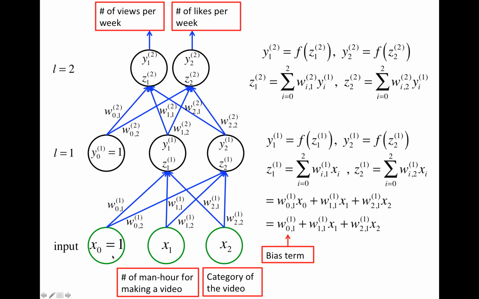If you want to simplify it a little bit, you can get rid of this x0, because x0 is set as 1, and then z11 is just a summation of these three terms, the three connections that go into this particular neuron. So why do we have this particular neuron where x0 equals 1? That's the so-called bias term, and we see another bias term here in the hidden layer also.